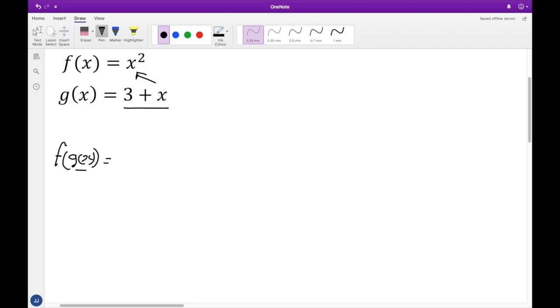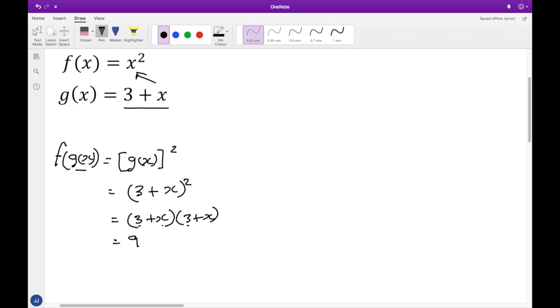So the f function is x squared. So if I was to put the g of x function, it would be the g of x all squared, right? And what is the g of x squared? That would be 3 plus x all squared. So that would be 3 plus x times 3 plus x. 3 times 3 is 9. x times 3 is plus 3x.